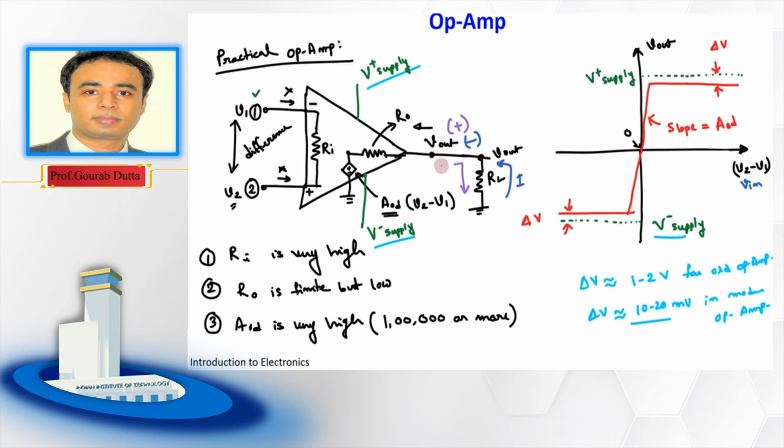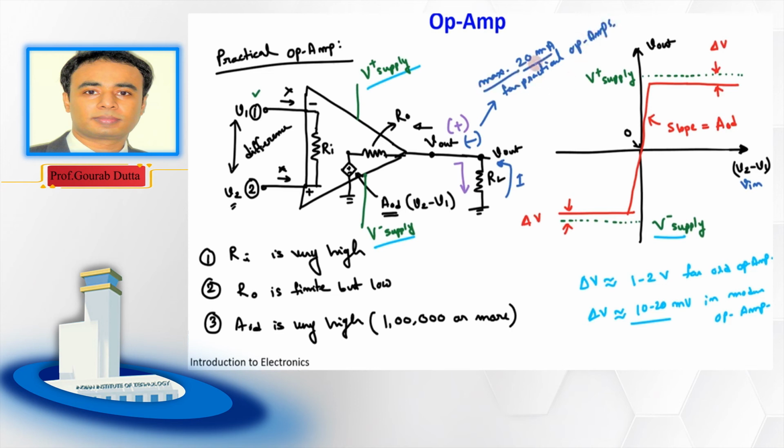Then, is there any limitation of this current, or a maximum value of this current? Yes, there is a limitation. So while you are designing the circuit, please remember this maximum current. The current which can be supplied by this output terminal of the op amp, or can be sunk by this op amp, has a maximum value in the range of 20 milliamps for practical op amps.